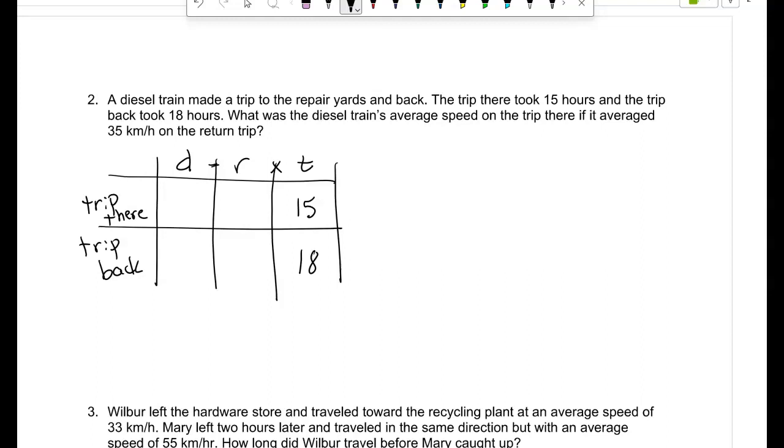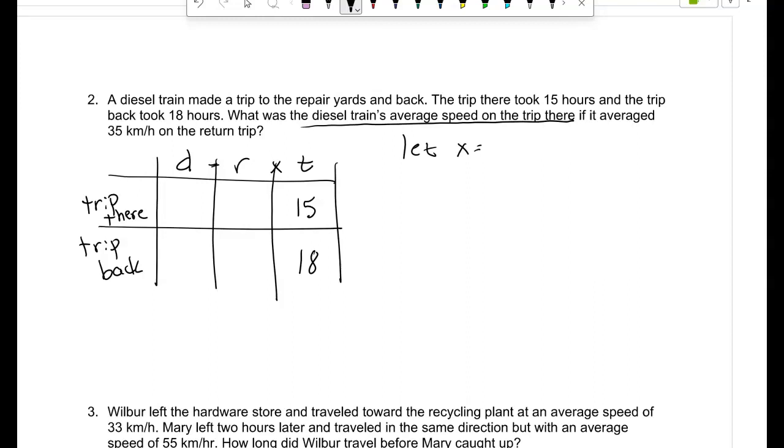Now, look what it's asking here. It says, what was the diesel engine's average speed on the trip if it averaged 35 kilometers per hour on the return trip? First of all, what's my variable? What's x going to be? No, what is it? What was the diesel train's average speed on the trip there.